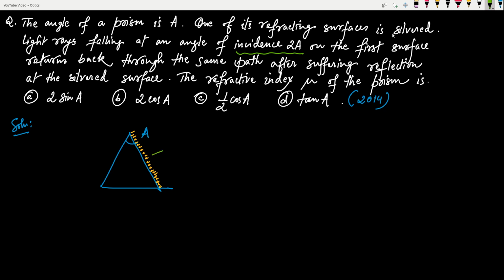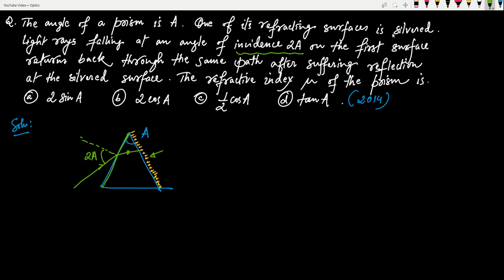So the silvered one is the second surface, and this one is the first surface. Light rays will come like this, and if this is the normal, then this will make an angle 2A, as given in the question. Then after refraction, this will hit the second surface and then retrace back.